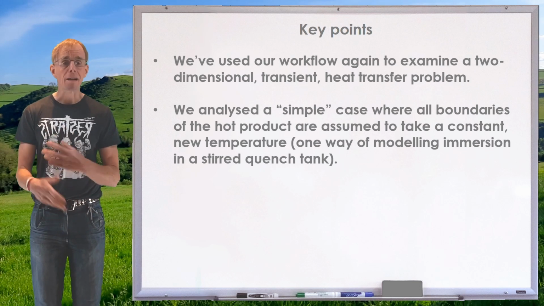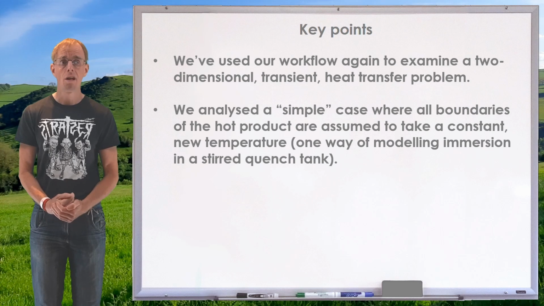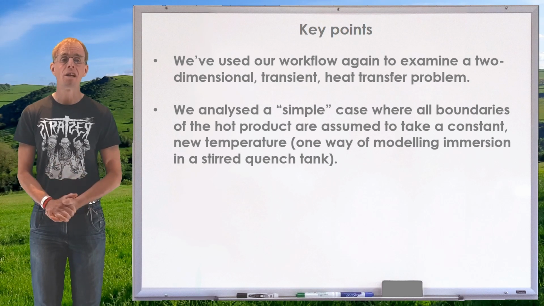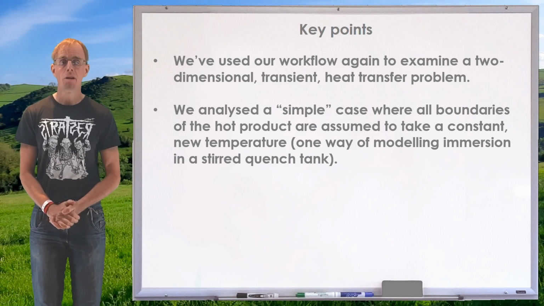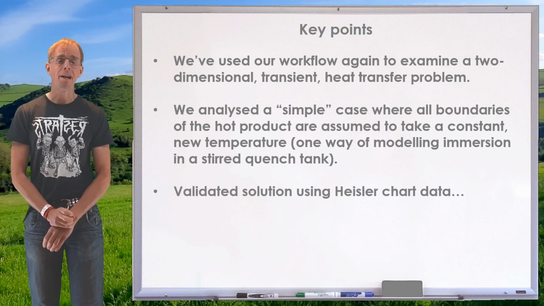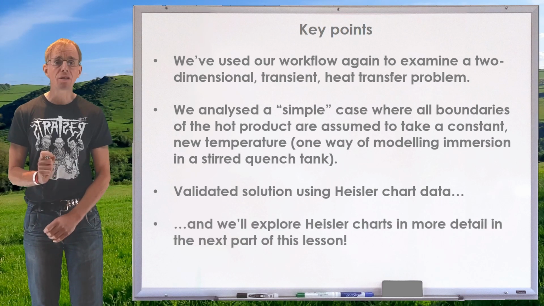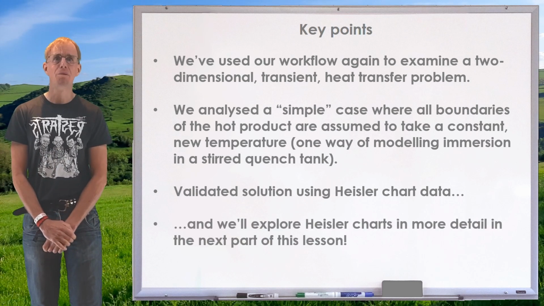Now that we've established our numerics are correct, we can change those temperature boundary conditions and maybe represent a more realistic problem. So what we did as a first step, as always, was validate our numerical solution. And we're going to look at the tool that we use to validate that solution in more detail next.